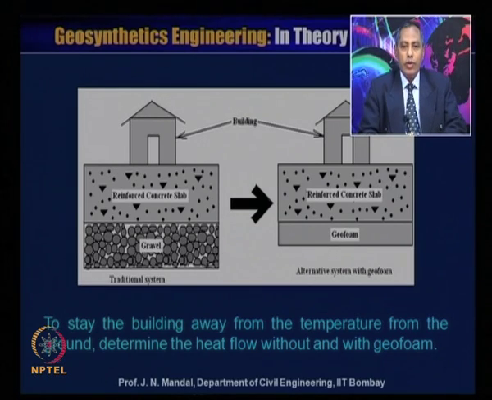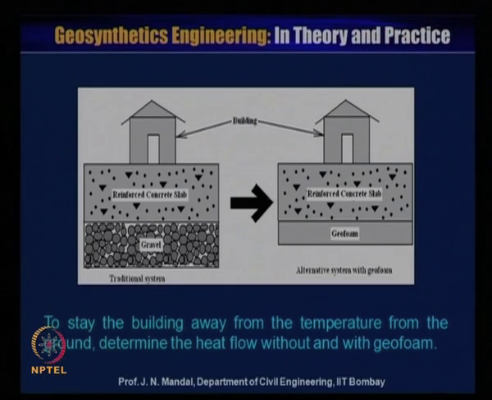In the case of the conventional method, when the temperature moves from the ground towards the building, you can observe what kind of heat flow is occurring and how you can measure the heat flow. If the heat flow is on the high side, there is a possibility of wastage of the vegetable or other kind of material.